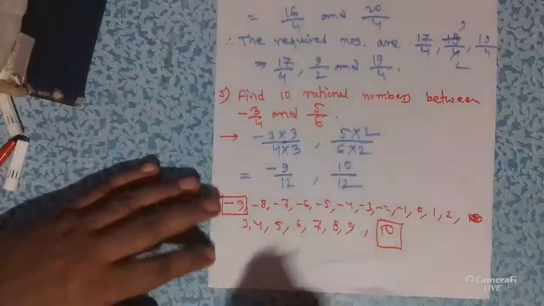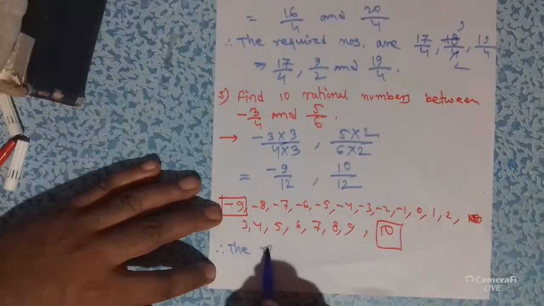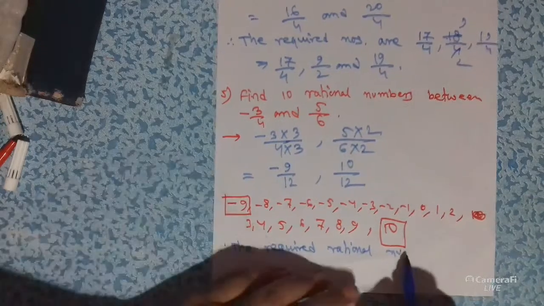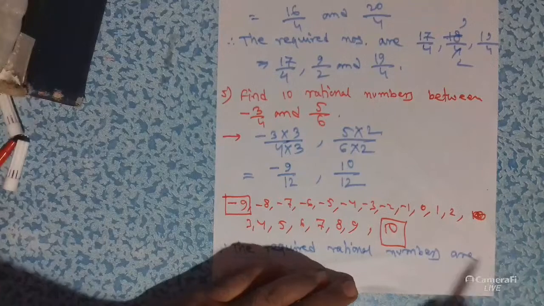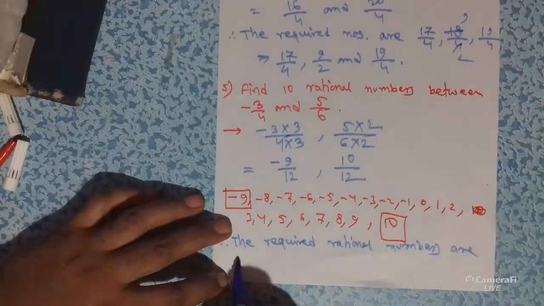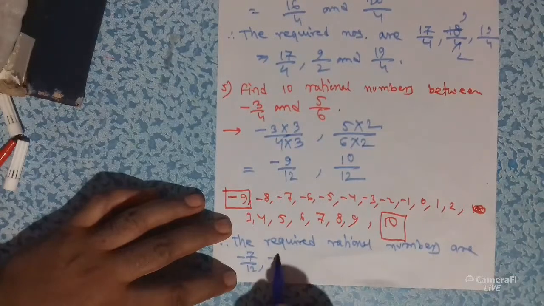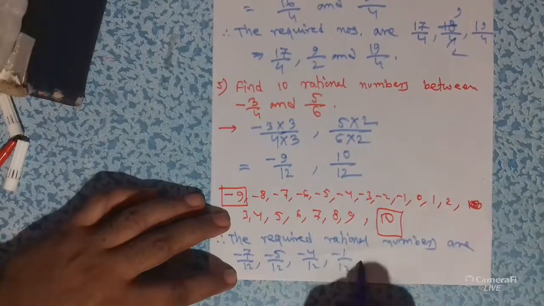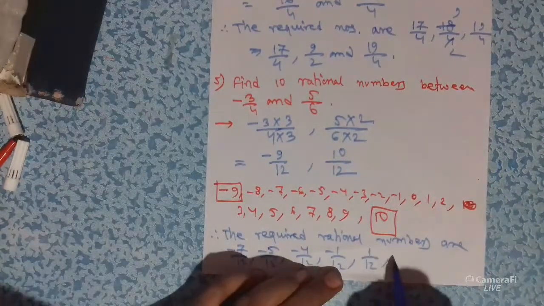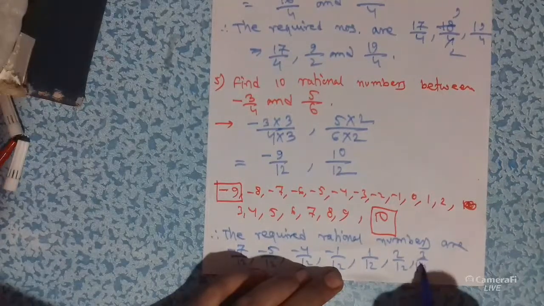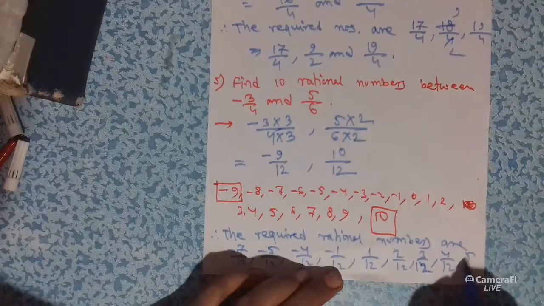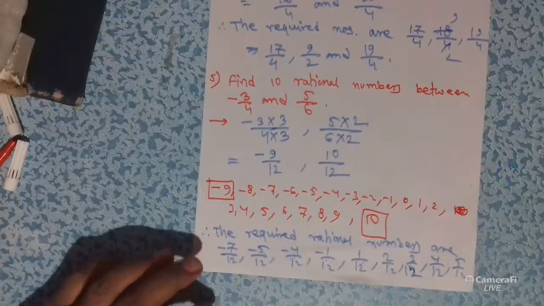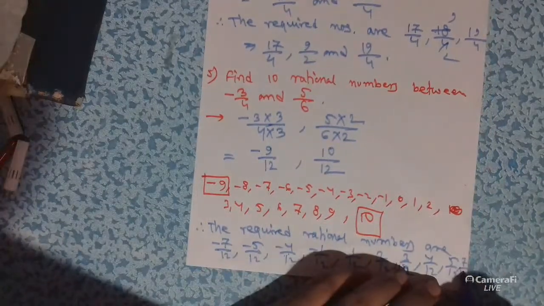So the required rational numbers are: minus 7 by 12, minus 5 by 12, minus 4 by 12, minus 1 by 12, 1 by 12, 2 by 12, 3 by 12, 4 by 12, 5 by 12, and 7 by 12.